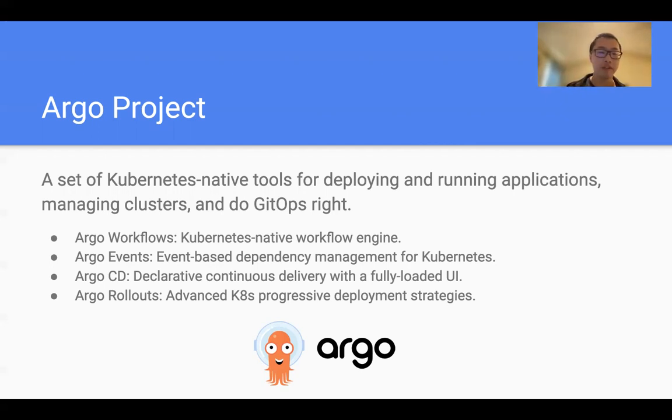There's also Argo CD, which is for declarative continuous delivery with a fully loaded UI that's needed for almost every developer in this area, so that they can just take a look at the UI to see what's happening in their clusters and so on. And last but not least, the Argo Rollouts project provides advanced Kubernetes progressive deployment strategies.